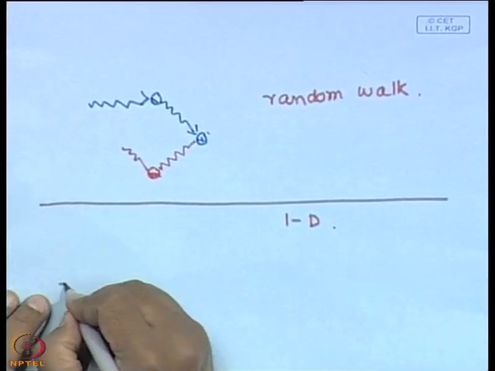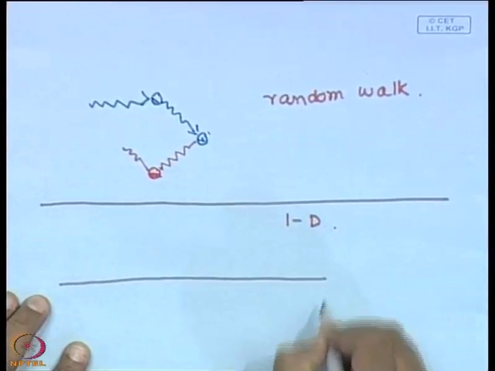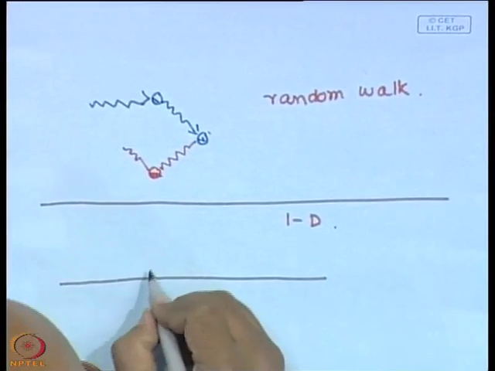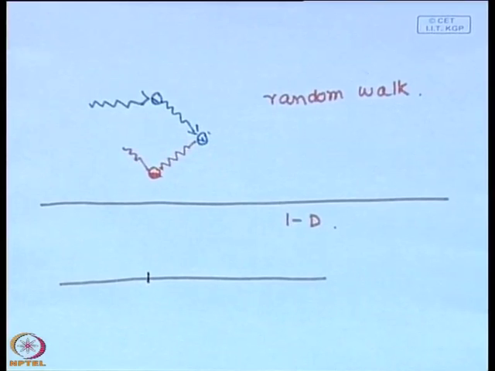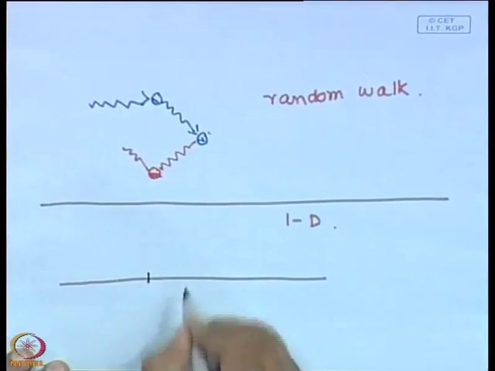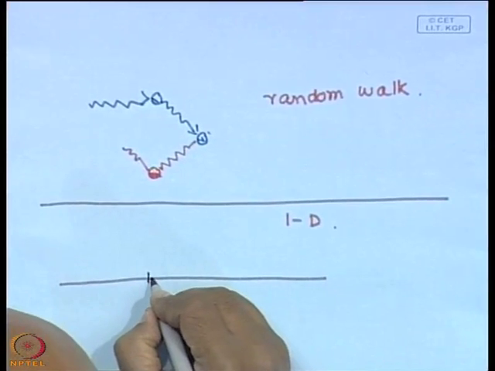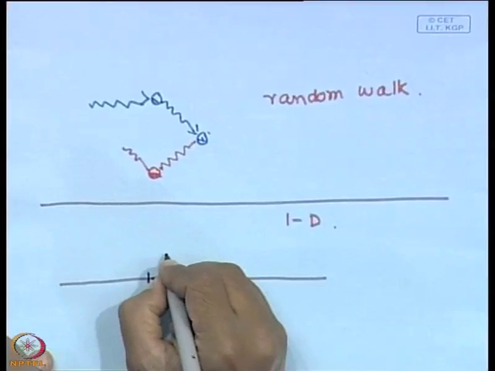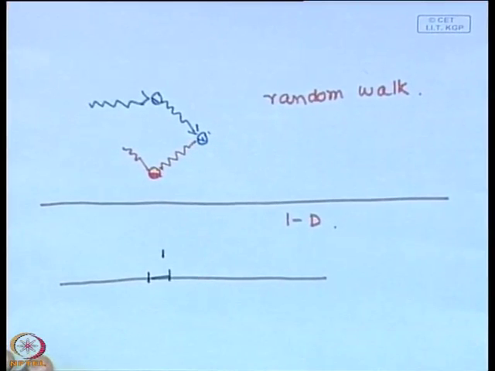So, there is one dimension x, you can call it the x axis, and my photon starts off from here. In 1D, it is quite simple, it can either go to the left or to the right. So, let us say that it goes one step to the left, this is the first step, step 1, okay.